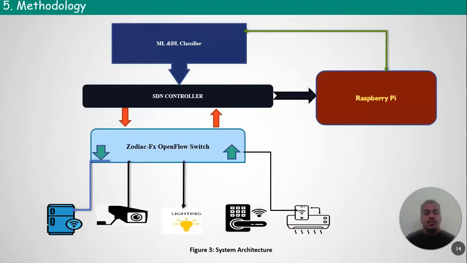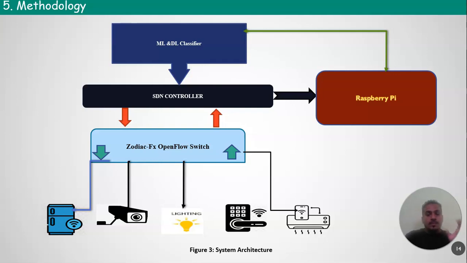Here is the methodology. It consists of 4 layers like in the previous. Here is the artificial neural network, or we can say the devices for IoT. Here is the Zodiac controller. We connect from here. They will send the messages, like network traffic, to the Zodiac. It will do filtering, then send to the SDN.